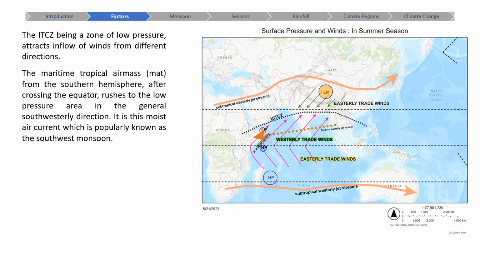So this is the same ITCZ, a zone of low pressure, and because of this low pressure here, what happened? The winds come from north and winds come from south, and the ITCZ is a system which gives you the monsoon and rainfall.